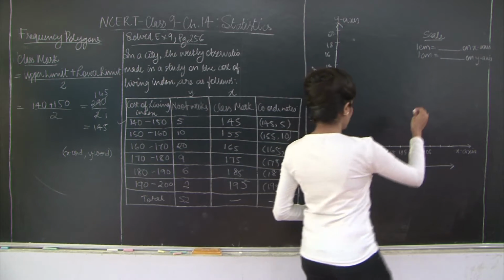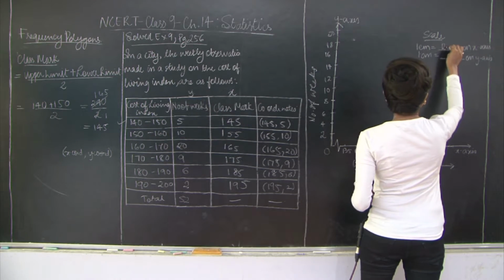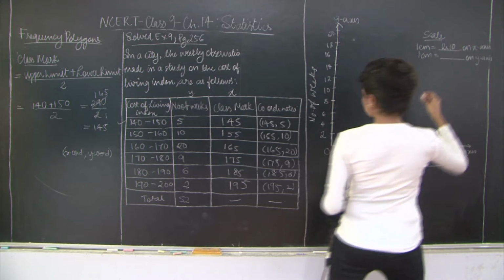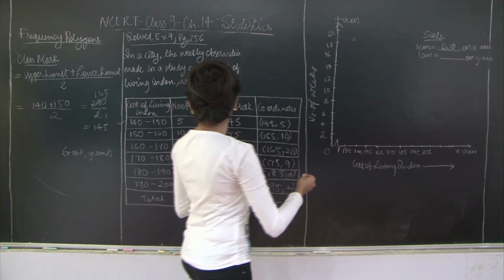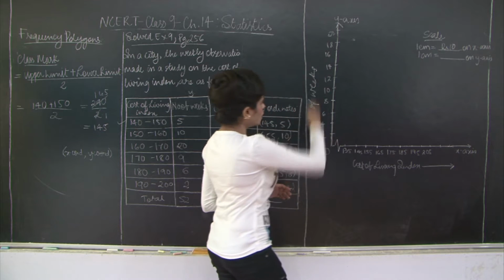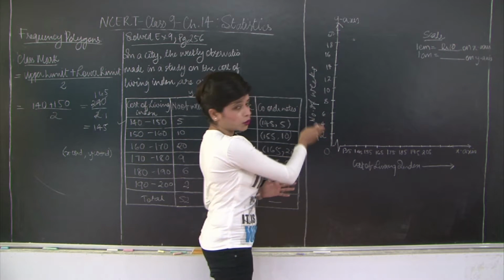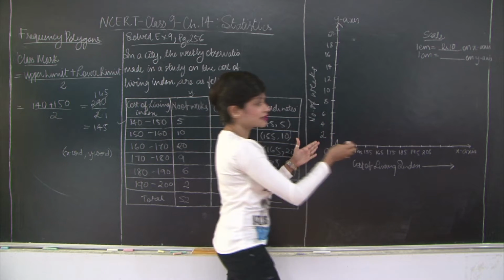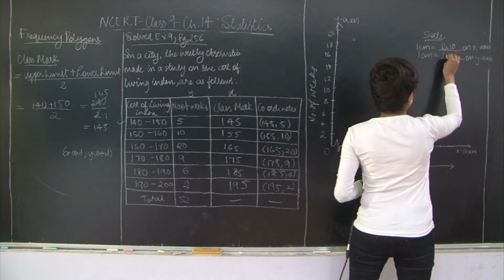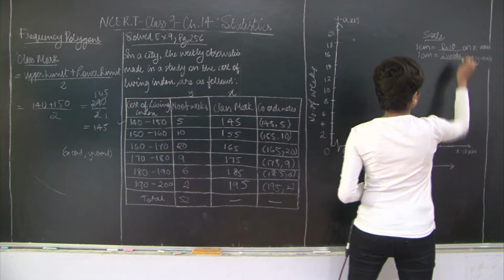So this would be rupees 10 on x-axis, and on the y-axis what do we have? The number of weeks. So we are taking what distance? We are taking 2 weeks, right? So 2 weeks on y-axis.